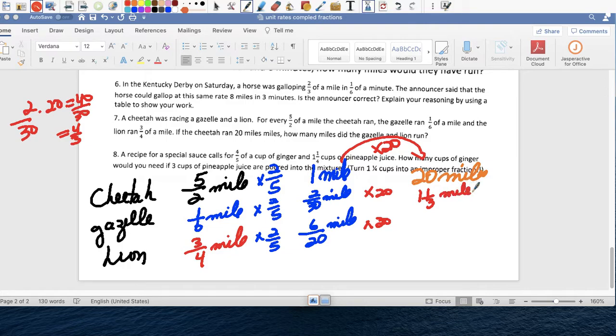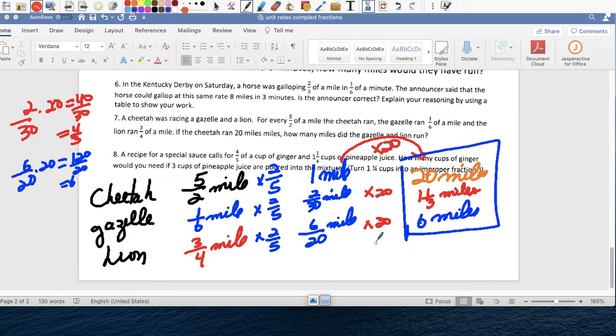Oh, that's a really slow gazelle. And then the lion, 6/20 times 20, it's going to be 120 over 20, which equals 6. And that's going to be 6 miles. So when the cheetah runs 20 miles, the gazelle runs 1 1/3 miles, and the lion runs 6 miles.